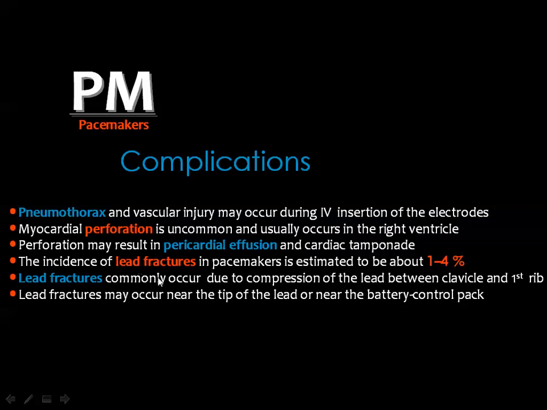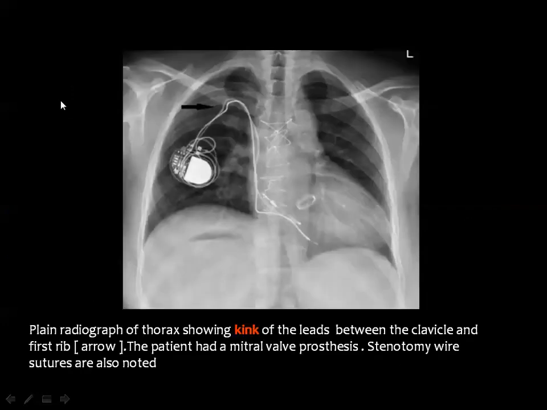Leads of the pacemaker may fracture, and the incidence is about 1 to 4%. Lead fractures commonly occur between the clavicle and the first rib. And you can see here there is a kink of the leads at the level of the clavicle and the first rib.